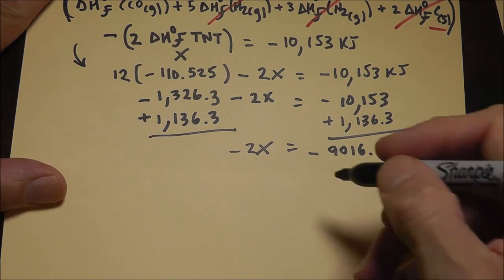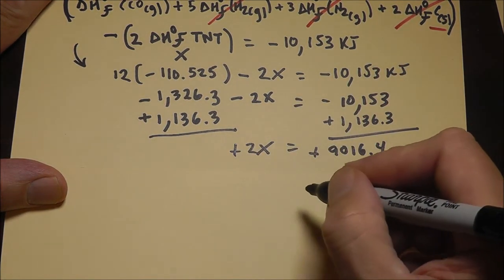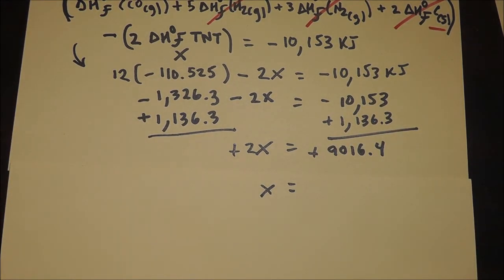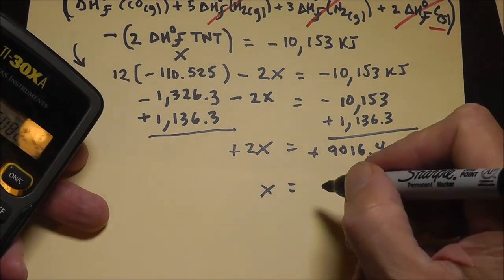Okay. How about this? Double negative. X, I just multiplied both sides by -1 because I could. 9,016.4 divided by 2. Holy cannoli.